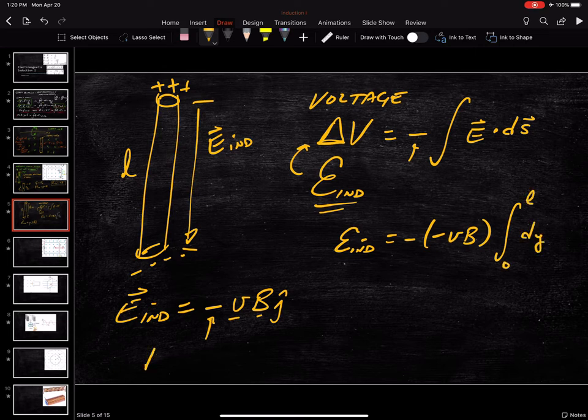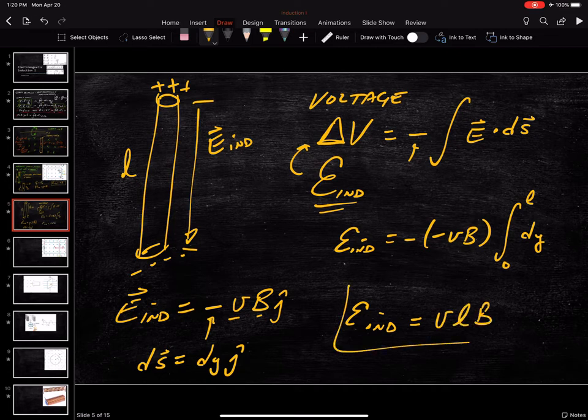Because ds in this case is just going to be dy j hat. I'm just moving up and down along the length of the wire. And so finally my E induced is going to be equal to VLB. Okay, and so this is my induced voltage.